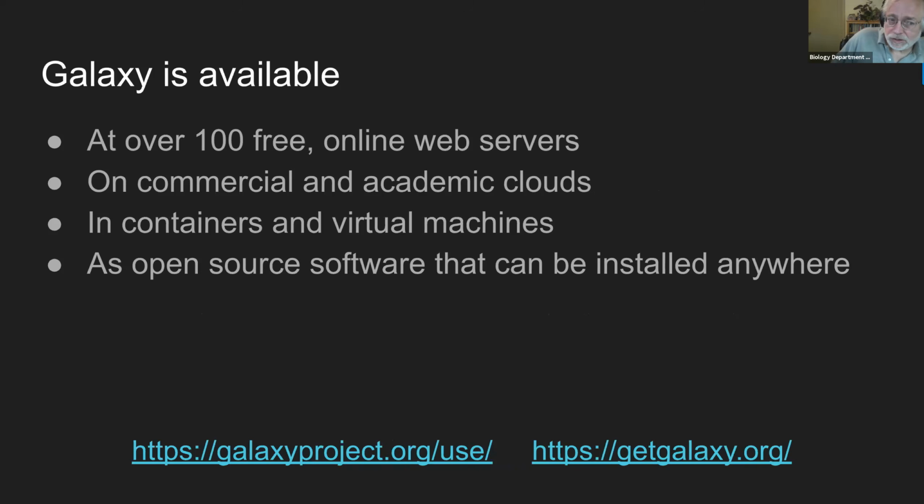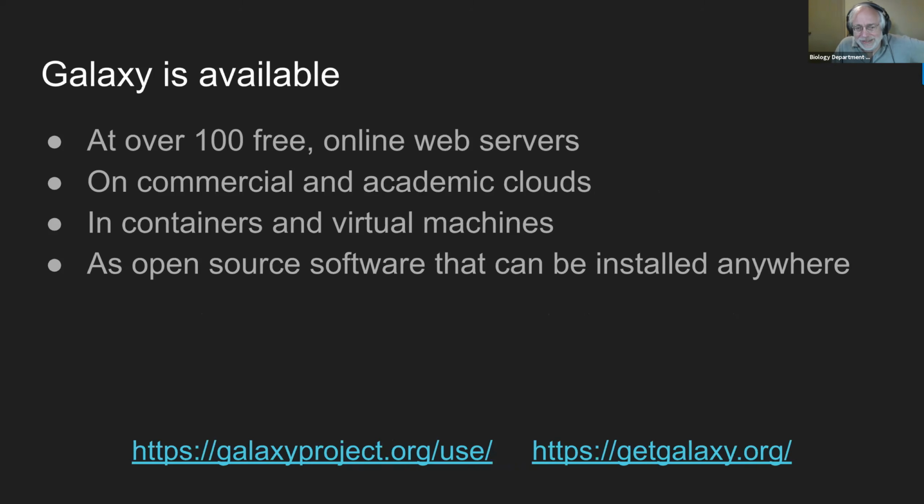Okay, Galaxy is available in a whole bunch of different ways. There are over 100 free online web servers out there, something like 130, the last I knew. If you follow that first URL at the bottom, you'll go to the platform directory. It's also available in commercial and academic clouds, so you can easily launch it on Amazon, or if you're in the US, you can easily launch it on Jetstream.